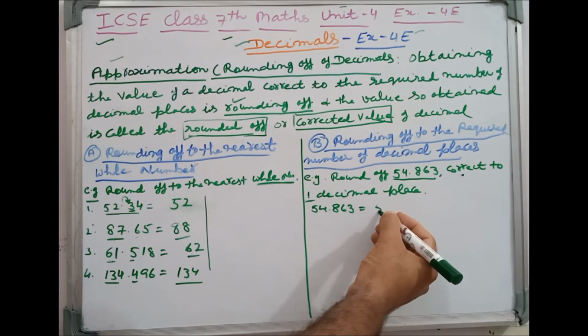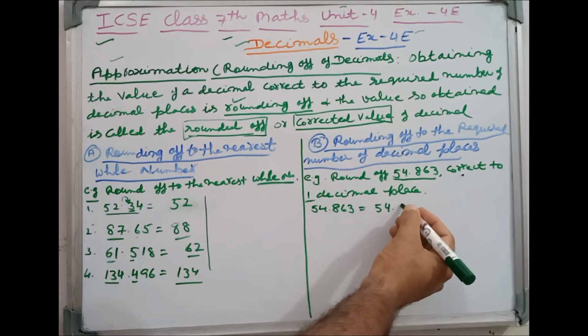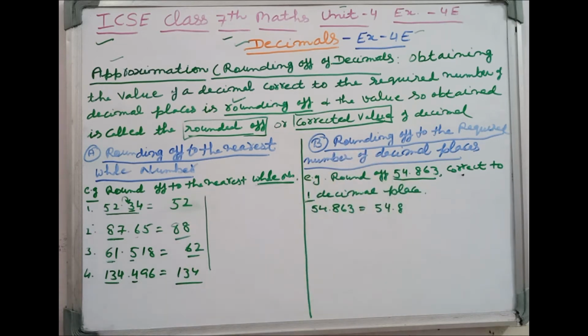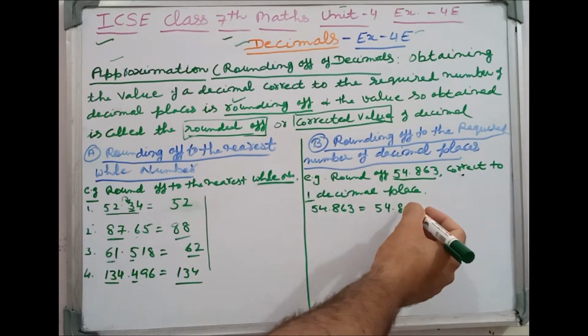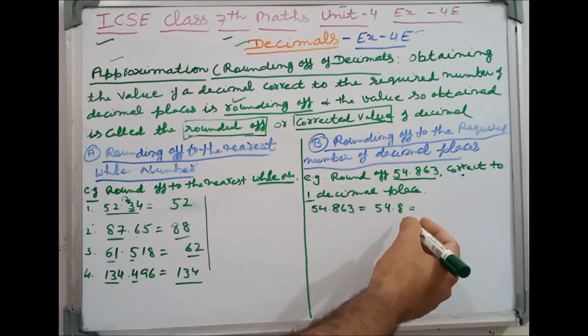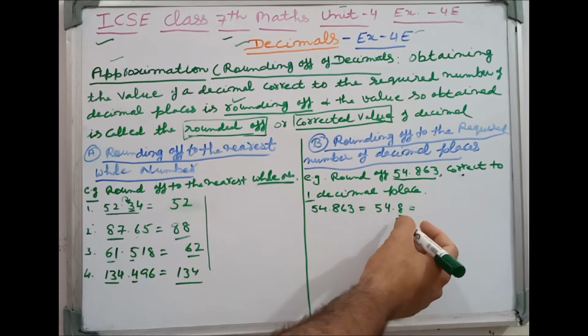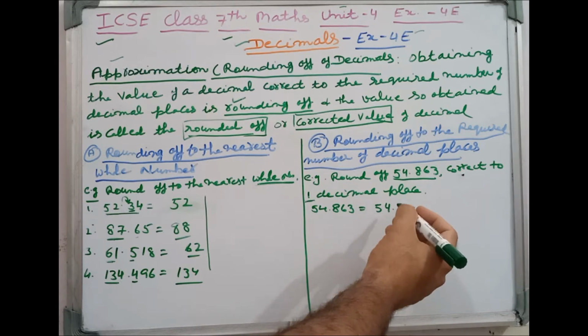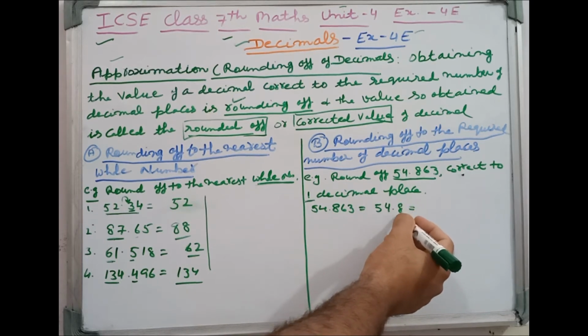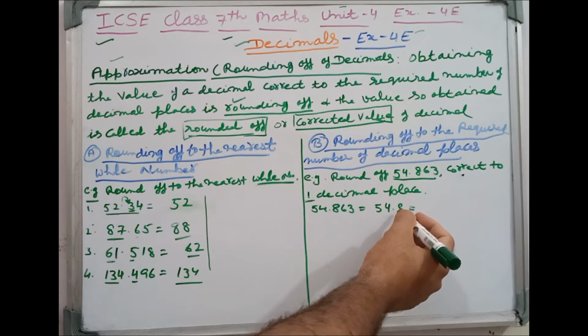So this part becomes 54.8. This is one decimal place. Now we have written the one decimal place. Now see whether the next digit is more than 5 or less than 5. It is 5 or more than 5. So we will round off this decimal place by one.